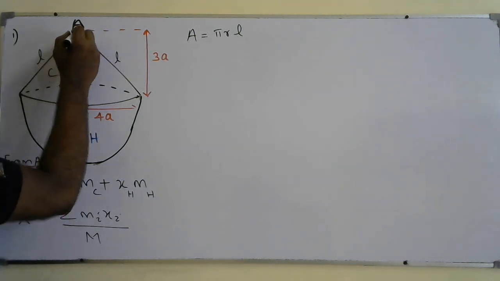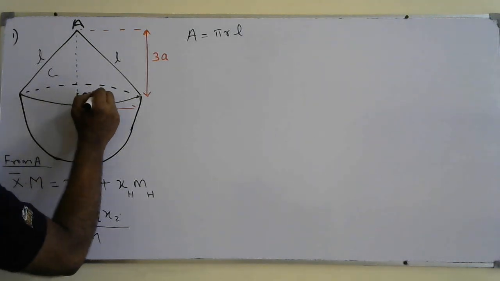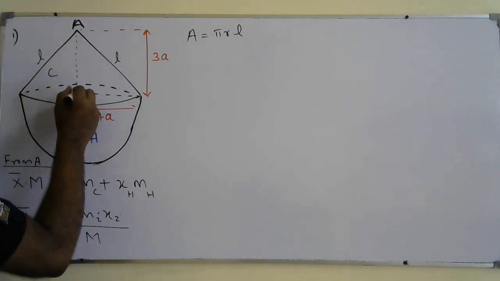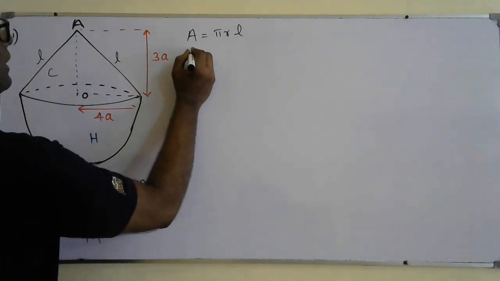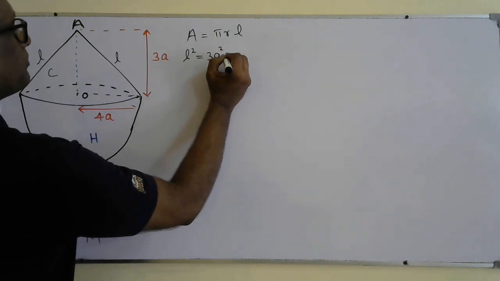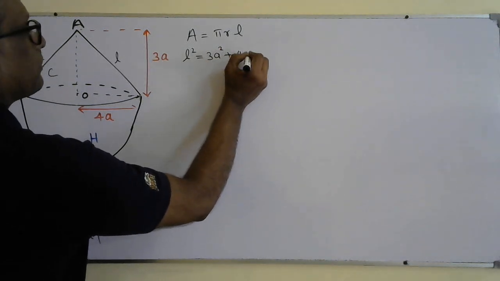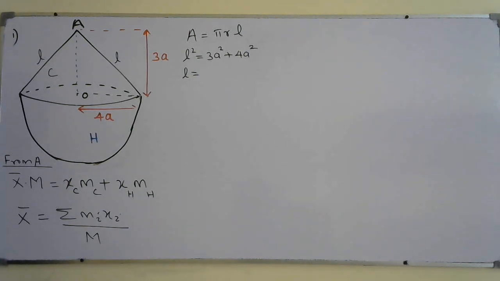This side is 3a, this is 3a, this is 4a. So L squared is equal to 3a squared plus 4a squared, Pythagoras theorem. So from that L is equal to 5a.